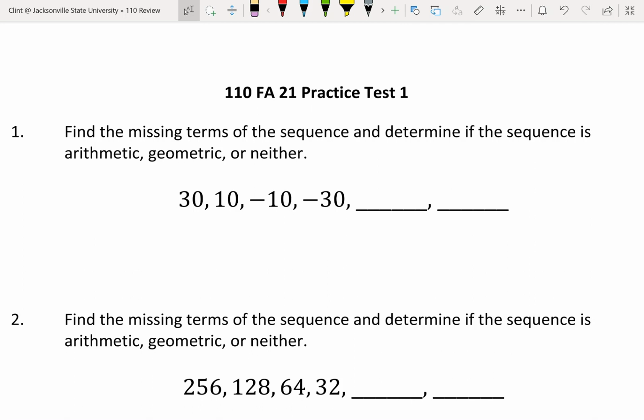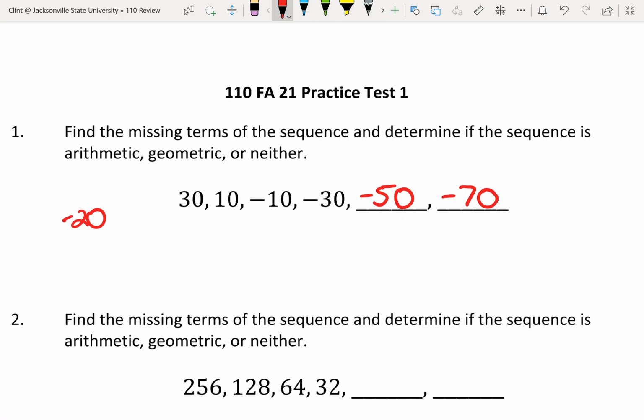To get from 30 to 10, we subtract 20. The next one's a little bit harder to see because we go from positive to negative. But yeah, we're subtracting 20. We don't necessarily have to write that part down, but we do need to think about it. So if we subtract 20, we'll get negative 50, and then subtract 20 again, we'll get negative 70.